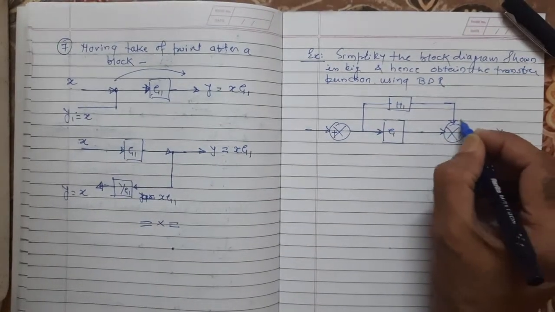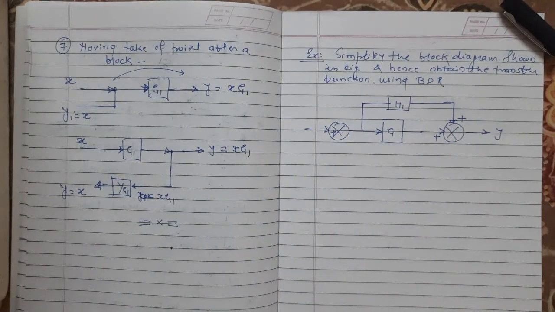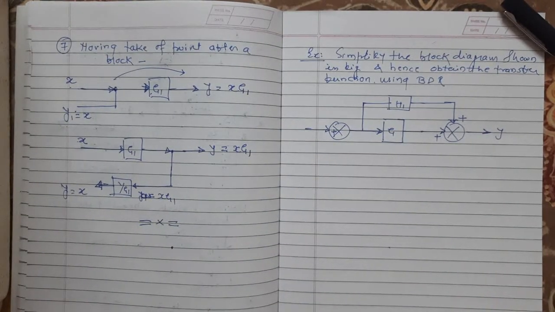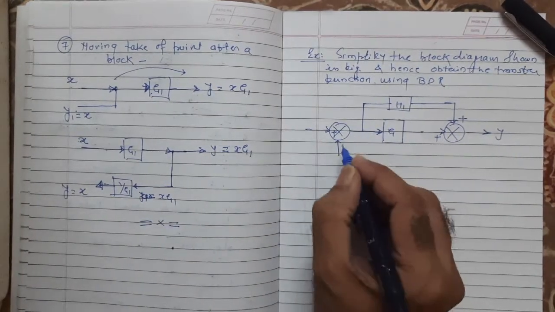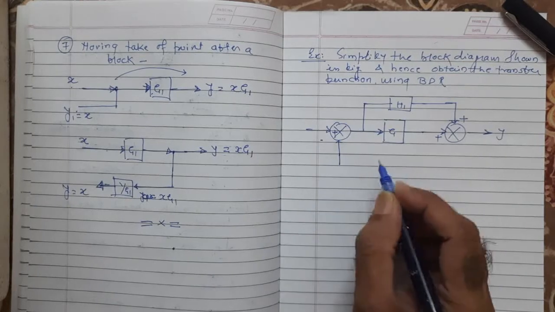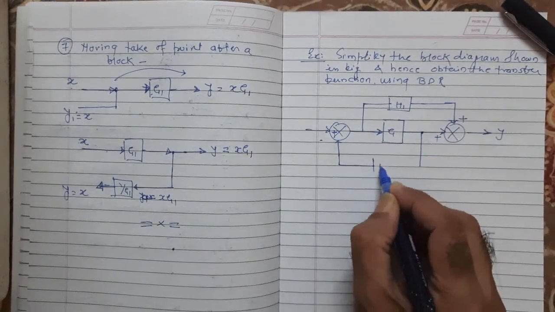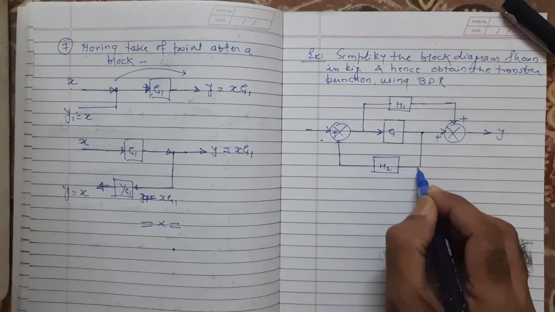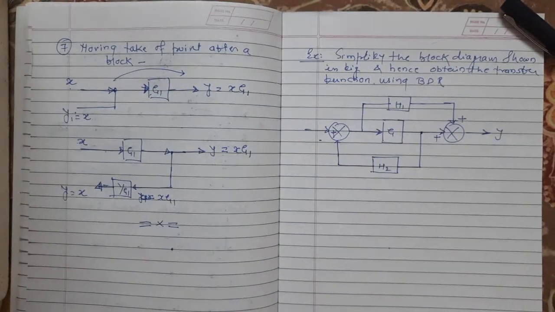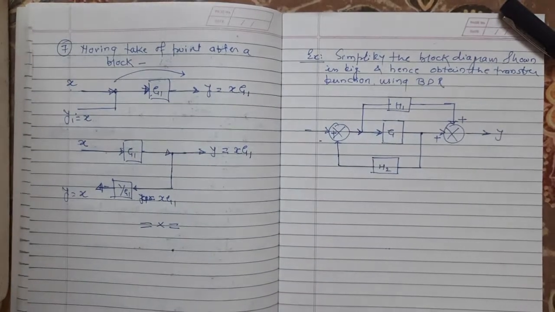Now see here, this sign is positive, this sign is positive, this is positive, and here it is negative, and from this point this is S2. It is given like this.